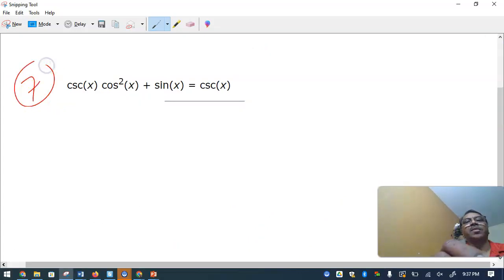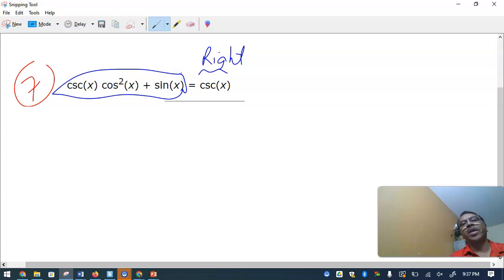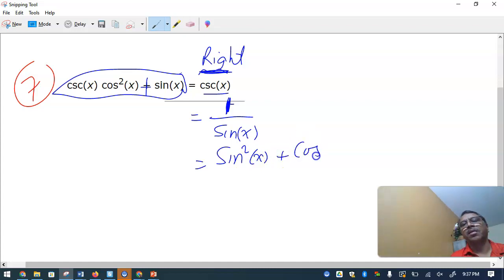The question is also, is it possible to get the whole big expression if you begin with the right side? So you can start with this. The first thing to write is that cosecant is 1 over sine x. Because there are two parts here with a plus, instead of 1 you replace it by sine square of x using the Pythagorean identity.